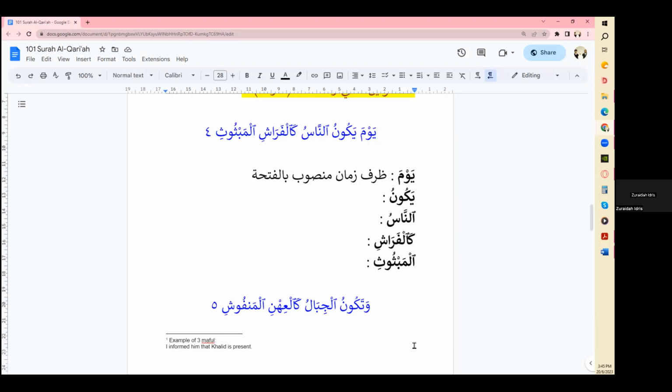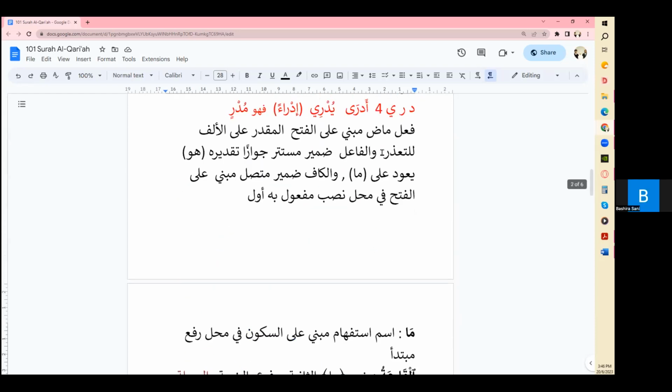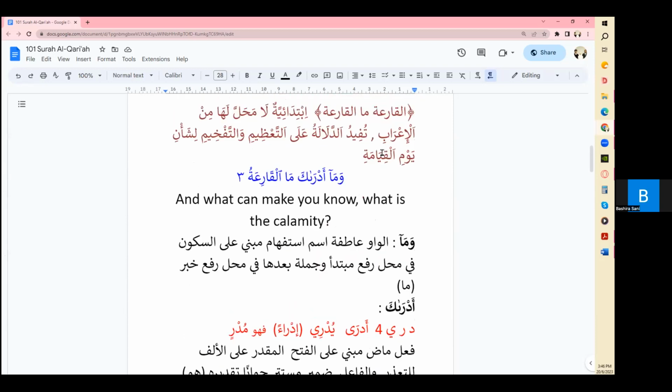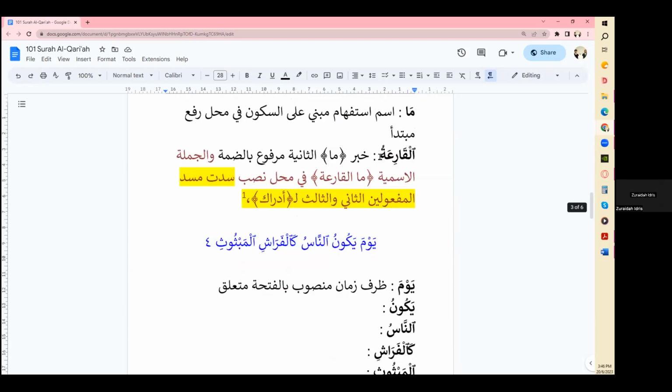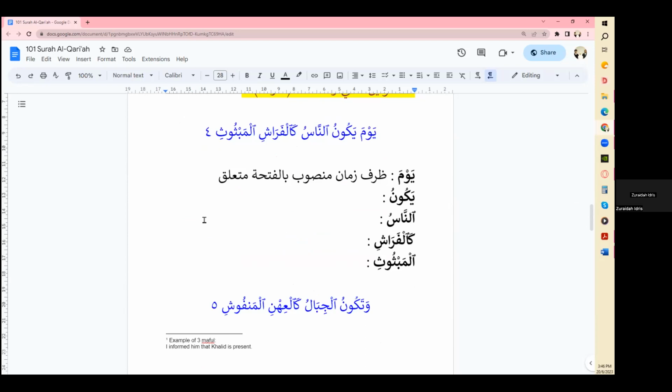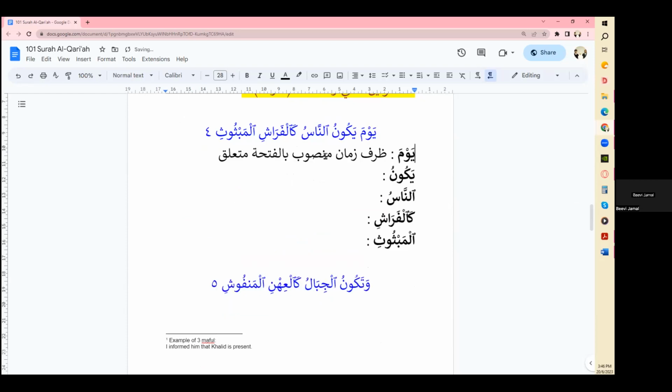It can be muta'alliq to Qari'ah. Well, this is not an easy thing. My usual approach is I would rather not go to the other ayah yet.